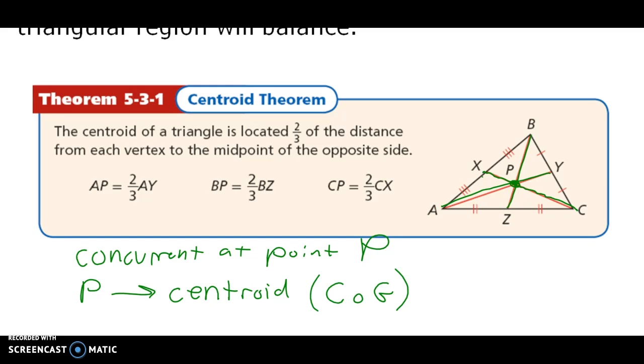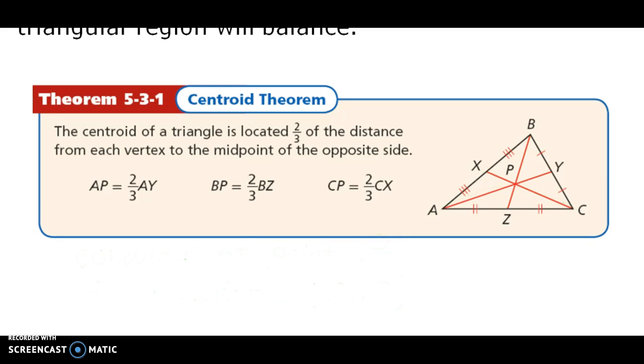And we have another important relationship with our centroids. I like to call it the 1/3, 2/3 theorem. It's called the centroid theorem, but if you take a look at it, it really looks like it. So look at segment AY. The centroid splits that segment into 1/3 and 2/3. Can you see how it kind of looks like it?